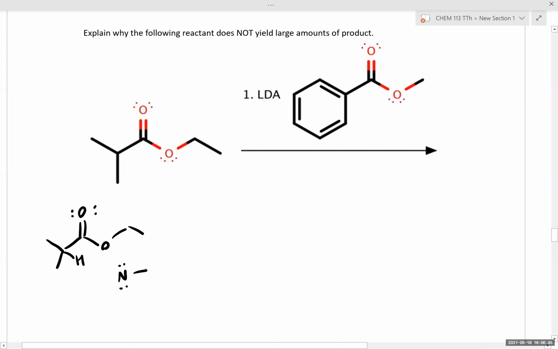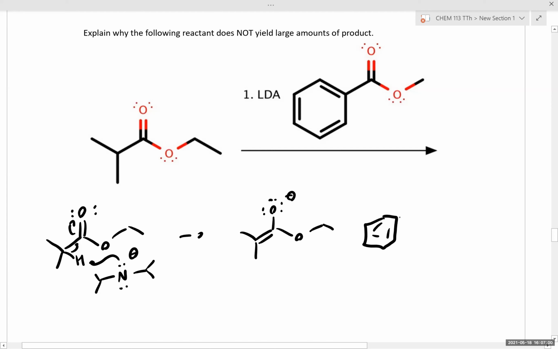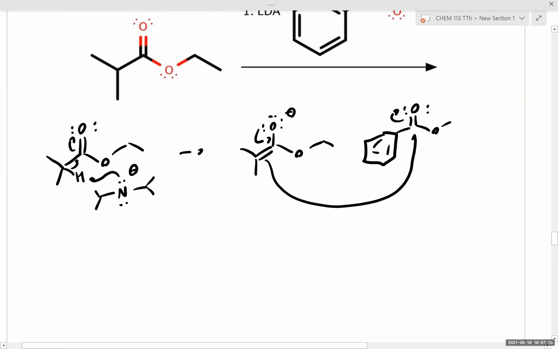Well, let's see. If we deprotonate and form our enolate using LDA, lithium diisopropylamide, we generate our enolate and everything looks fine so far. Our enolate attacks the electrophilic carbonyl carbon, and that in turn gives us a tetrahedral intermediate.